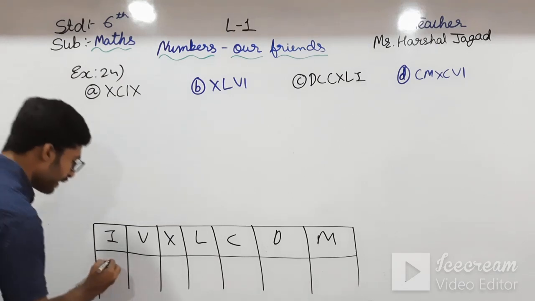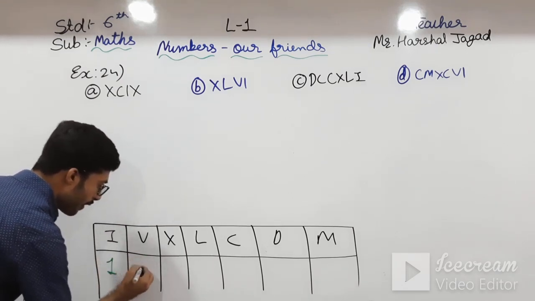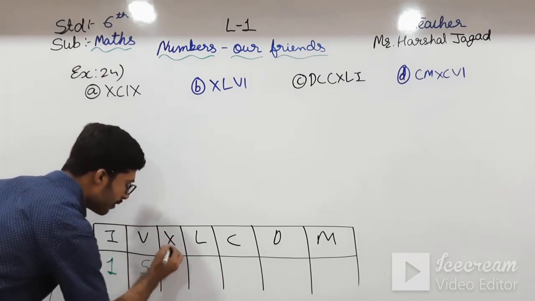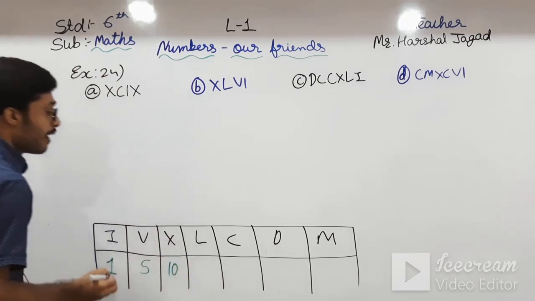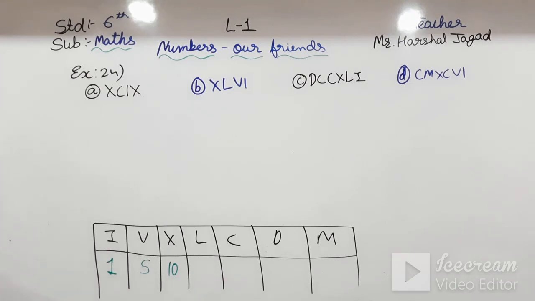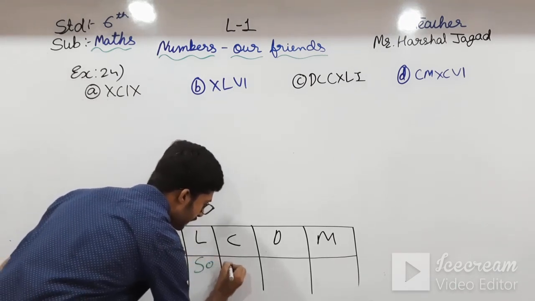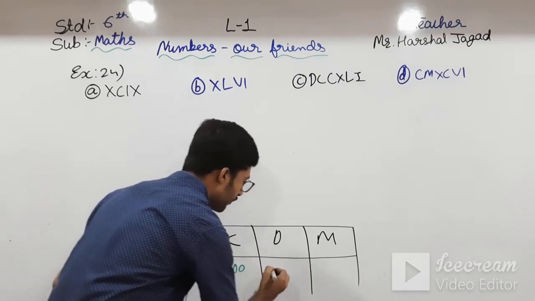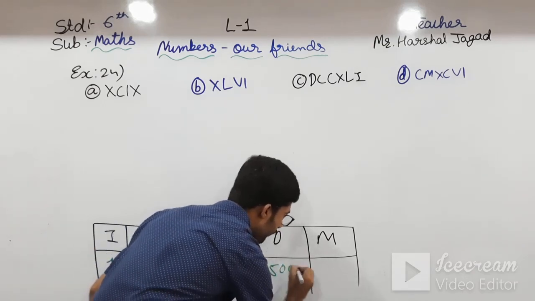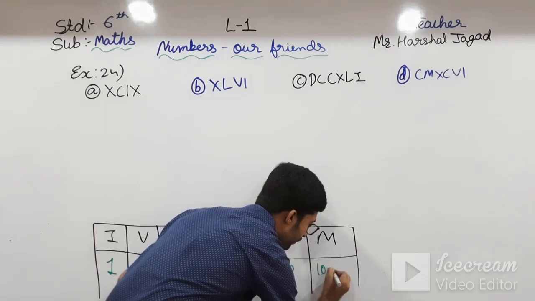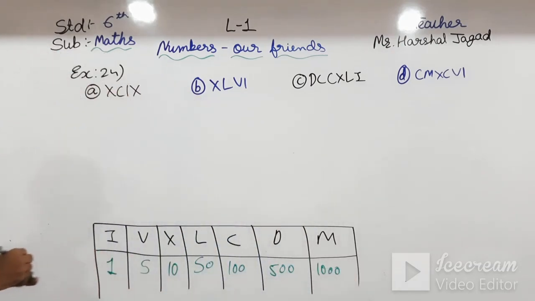The value of I is 1, V is 5, X is 10, L is 50, C is 100, D is 500, M is 1000. Okay students, now we will see the sums of example number 24.